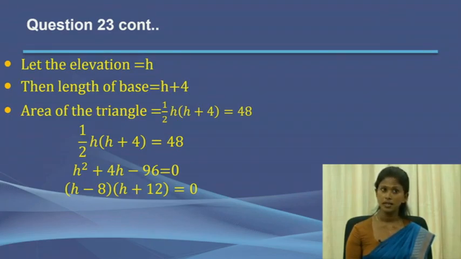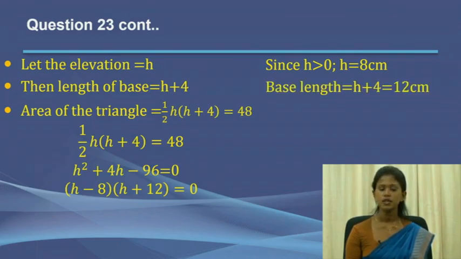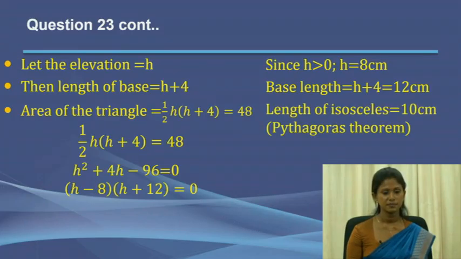Since the altitude is positive, we select h equal to 8 centimeters. What will be the base length then? Since the base length is 4 units longer than the altitude, the base length should be 8 plus 4, which is 12 centimeters.